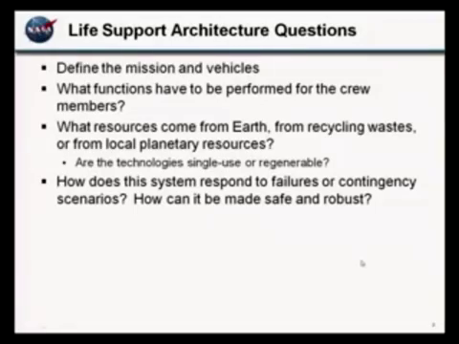And then finally, since the word ultra reliable has shown up in these topics, how are you going to make sure, like Bob said with the ISS, that you have a robust system? What is your response to a failure or a contingency? And that also depends on the mission. So I'll talk about that a little bit.